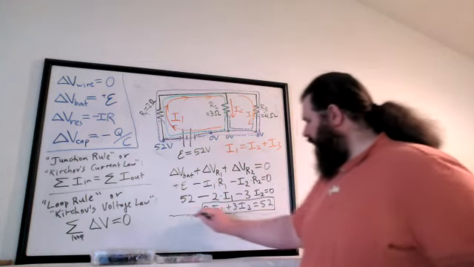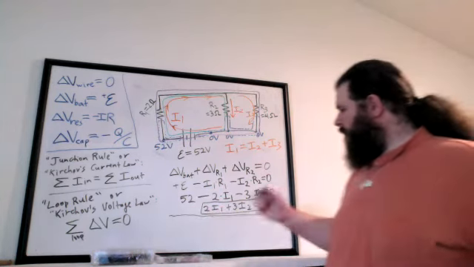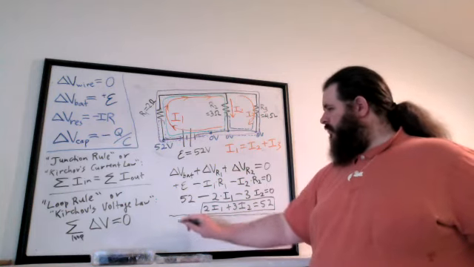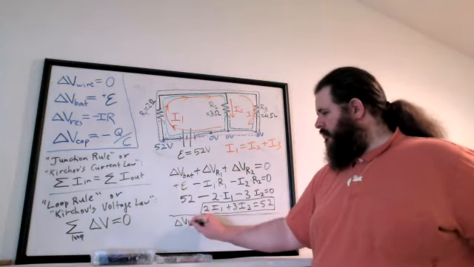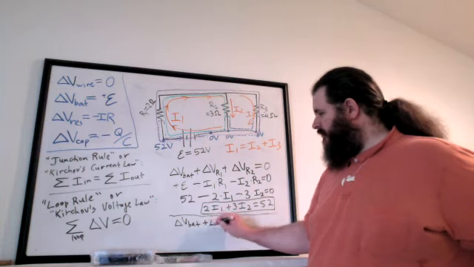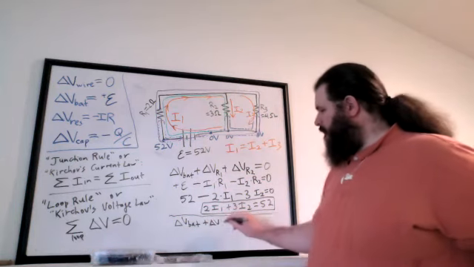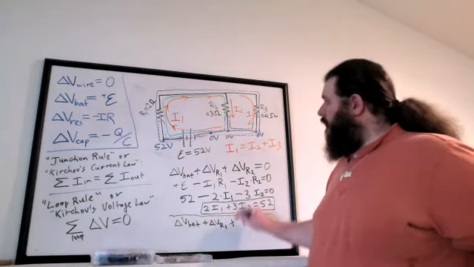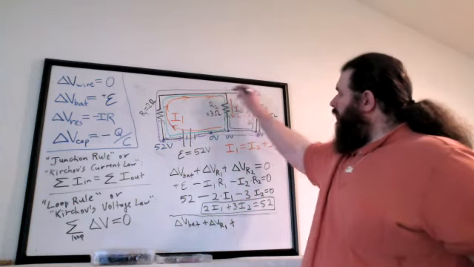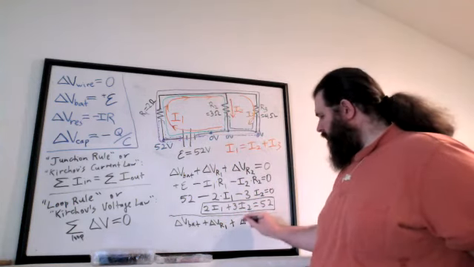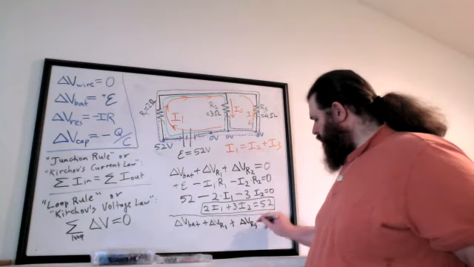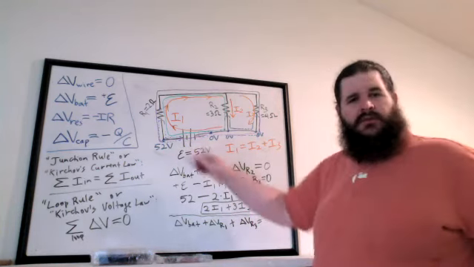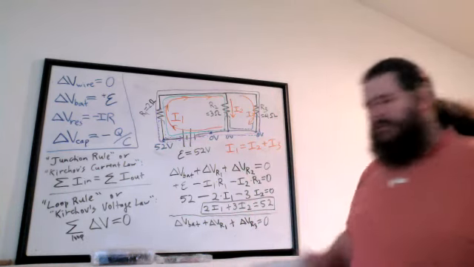So that's going to look like delta V for the battery plus delta V for resistor 1. We're not going through a resistor 2, but we are going through resistor 3. Then we get back to the starting point, so those have to add up to 0.